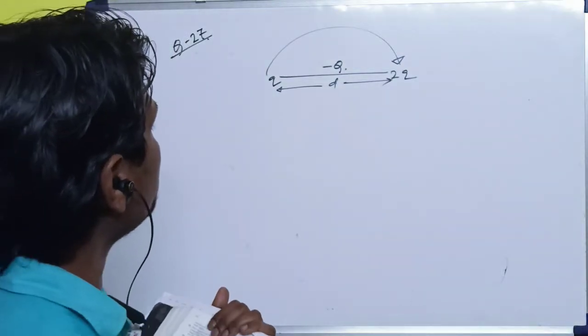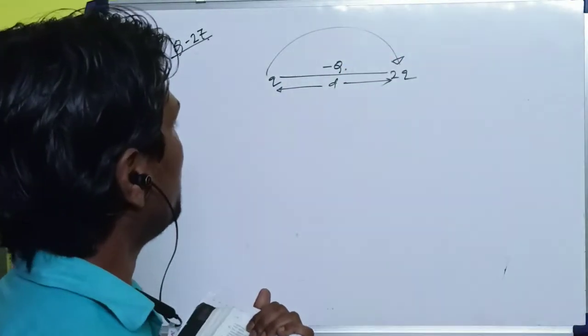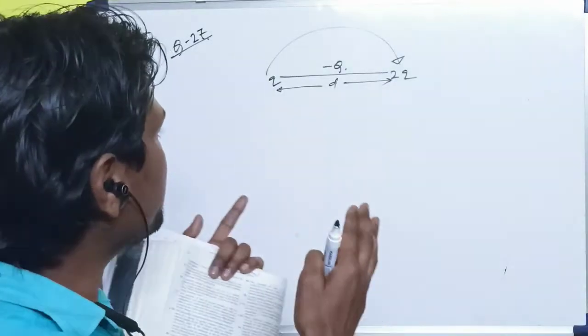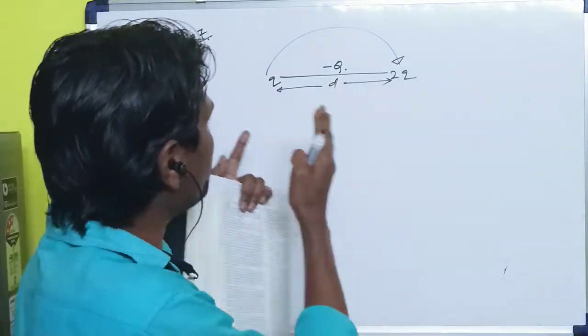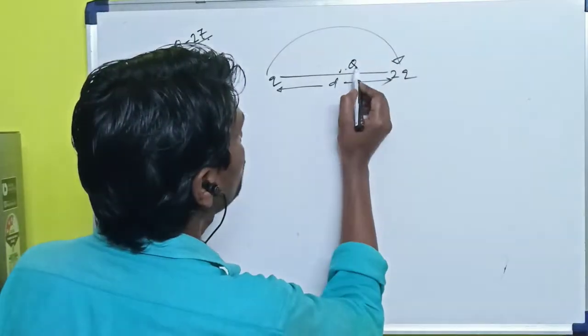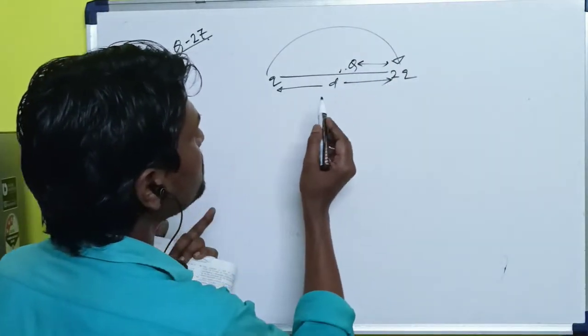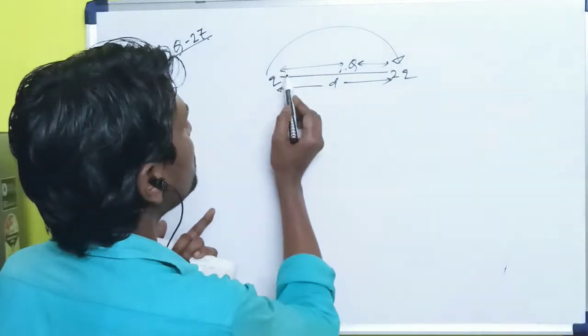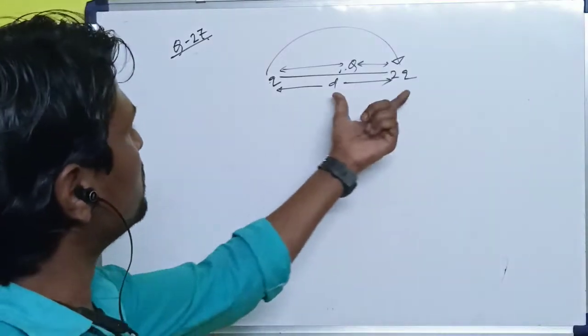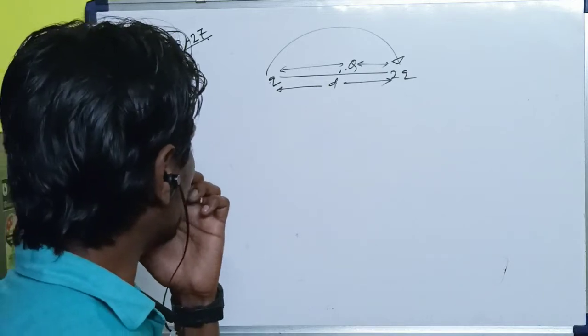But when you place that minus Q charge in a particular position, it may be very close to 2Q or very close to Q. If we place it very close to 2Q, the distance is less, but the other distance is greater and that charge is smaller, so it is not possible.